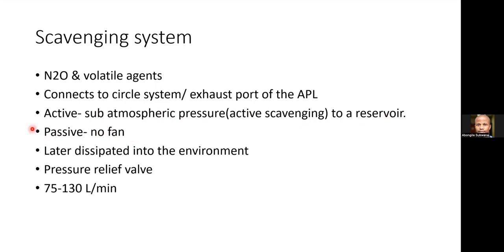You just want these gases moving from a region of high concentration to a region of low concentration, and then later they are dissipated into the atmosphere or into the environment. There is a pressure relief valve such that you can't get this negative pressure to the patient. So the flows are usually at 75 to 130 liters per minute.